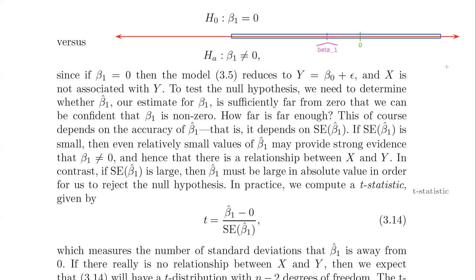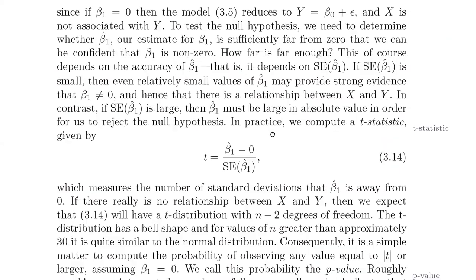So there is less evidence in favor of an actual relationship between x and y, because now 0 is in here. The true beta 1 may in fact be 0. It is within this confidence interval.